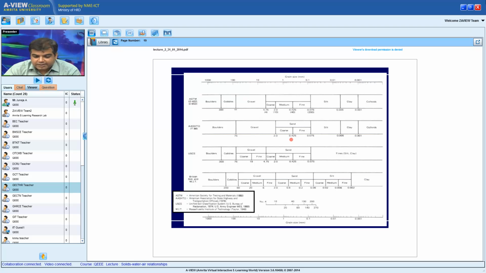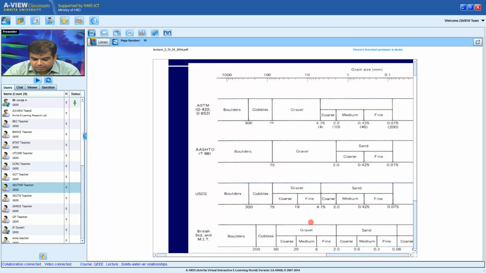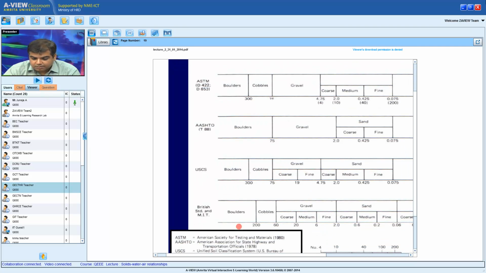So like I said, these numbers, if I can zoom in: in the British Standard, 2 millimeter is the border between sand and gravel. Likewise, we are very happy with the use of USCS. The USCS system is very similar to our IS system, so 4.75 millimeter is the border.